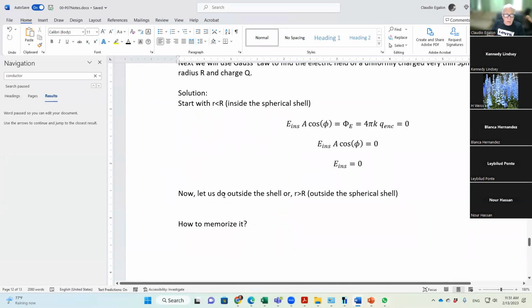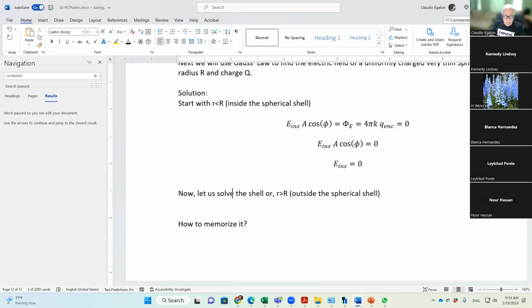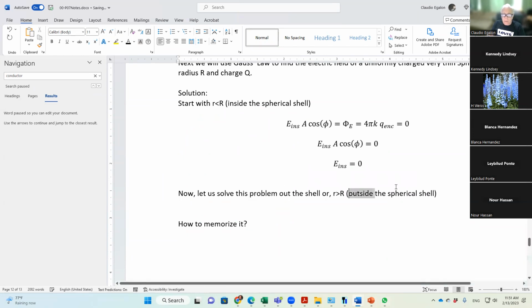So let us solve this problem outside the shell.